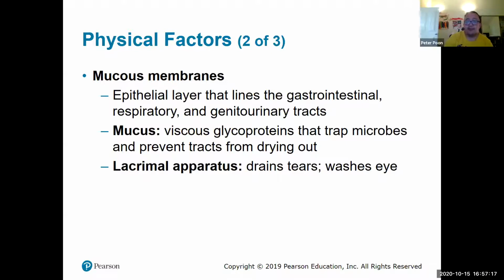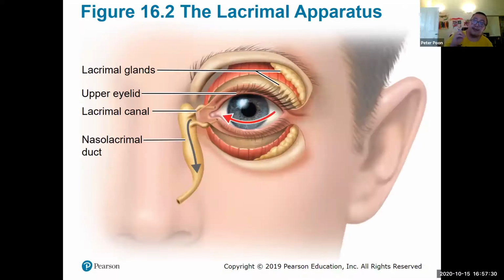Okay. The lacrimal apparatus. So your eyes can actually get infected relatively easily without the lacrimal apparatus. Okay, so you are here. These are lacrimal glands.